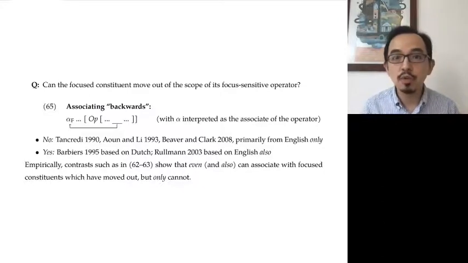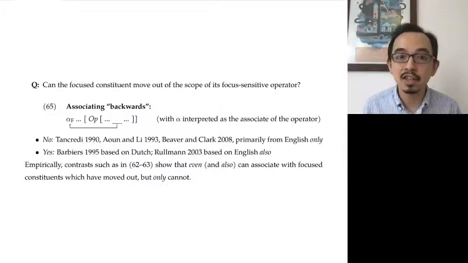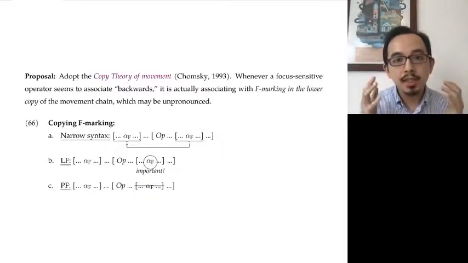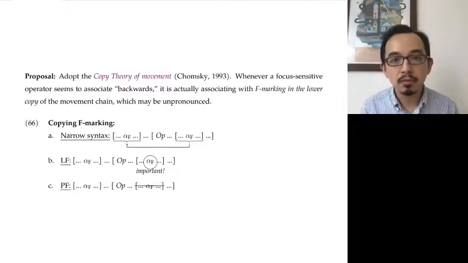And what I'm going to share with you now is based on my dissertation from 2014, where I really tried to better understand, in particular, this contrast in English between even and also on the one hand and only on the other. So my proposal there was, let's adopt the copy theory of movement. Let's take seriously that traces leave full copies.